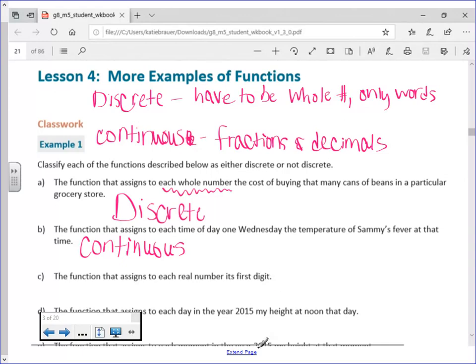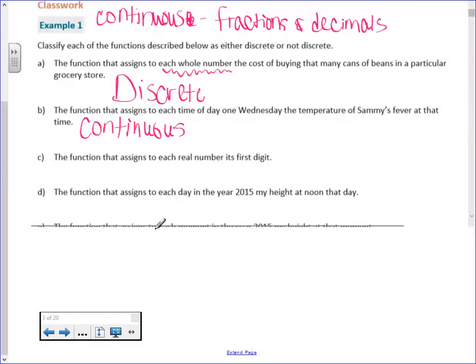The function that assigns each real number its first digit. Real numbers can be fractions, they can be decimals, they could be whole numbers, they could be positive, they could be negative. So C is going to be continuous as well, because real numbers are any type of number. D, the function that assigns each day in the year 2015 my height at noon on that day.